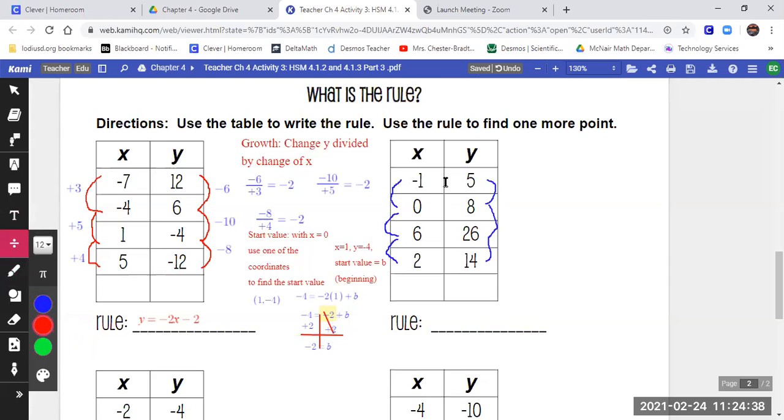I'm looking at my X's first. If I'm going from -1 to 0, what happened? I added 1. If I'm going from 0 to 6, what happened?